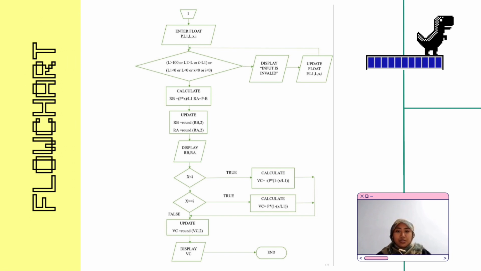So we choose either x is less than L or x is more than L. If x less than L is true, we calculate the VC, while if x is greater than L is true, we calculate the VC, and if it is false, we update the VC and then display VC and end with the display VC.